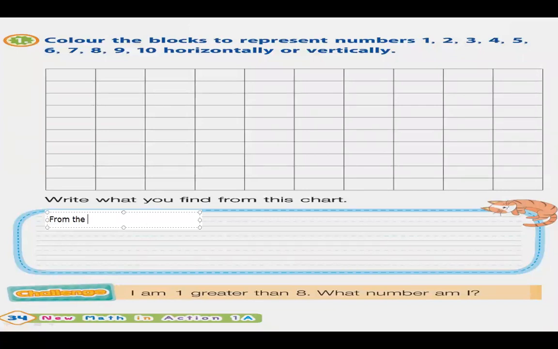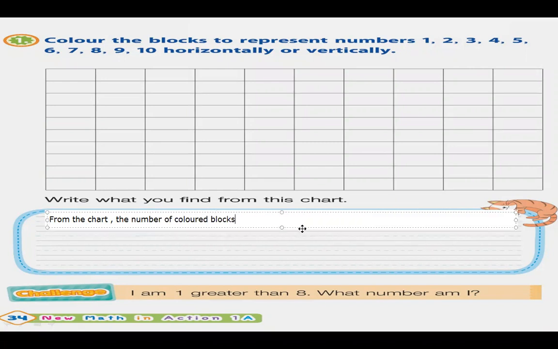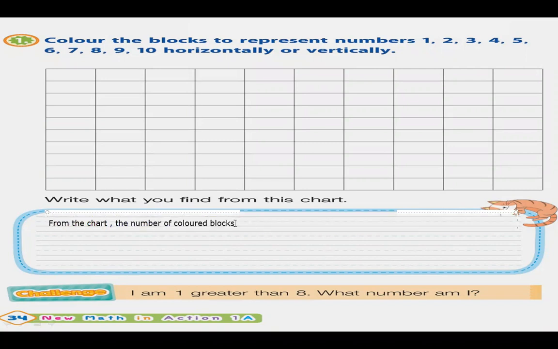From the chart, the number of colored blocks increases by 1 as we count horizontally.